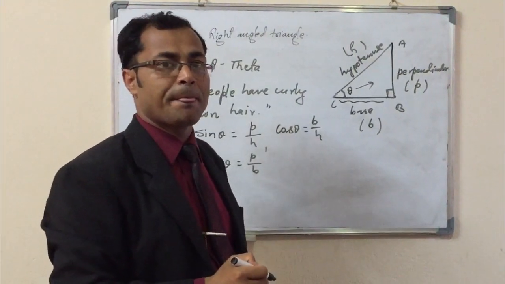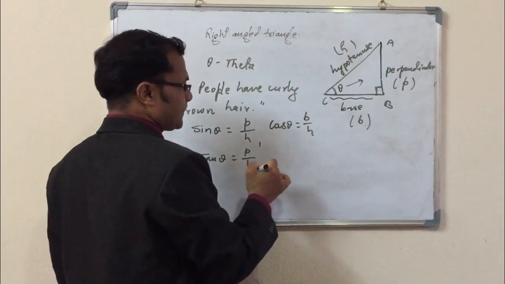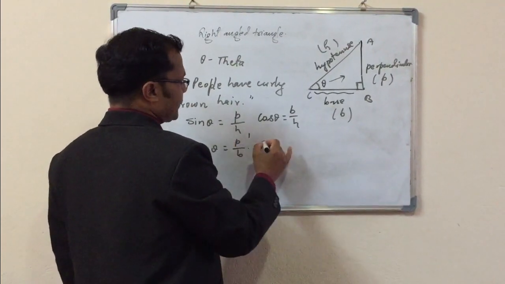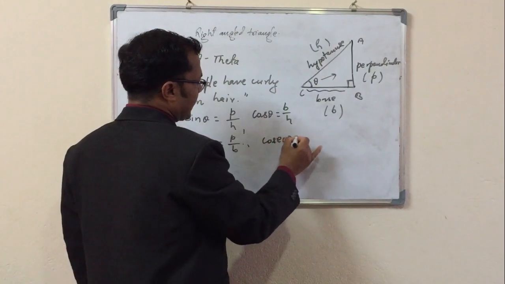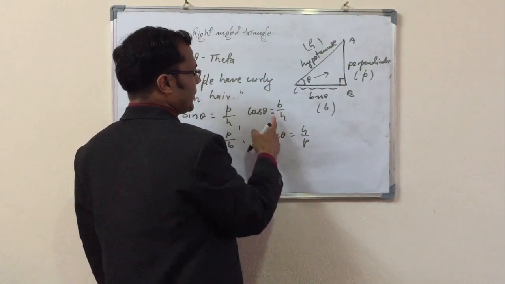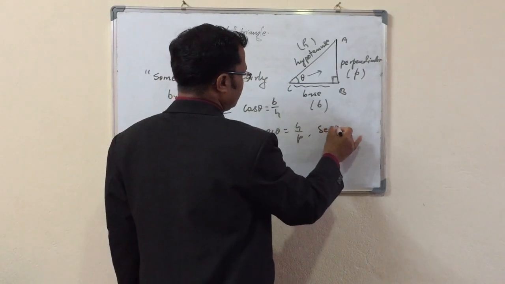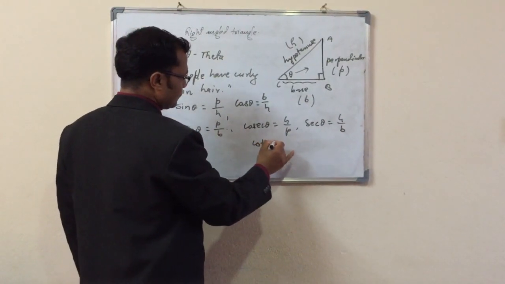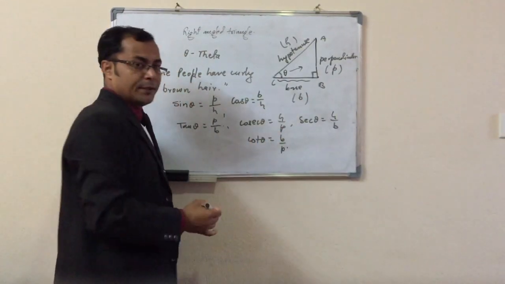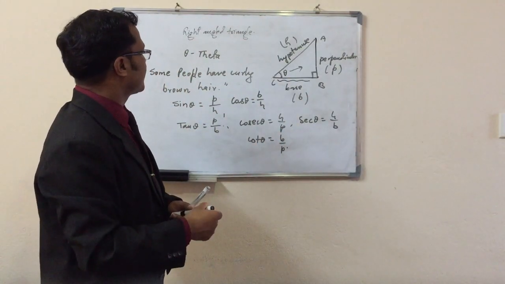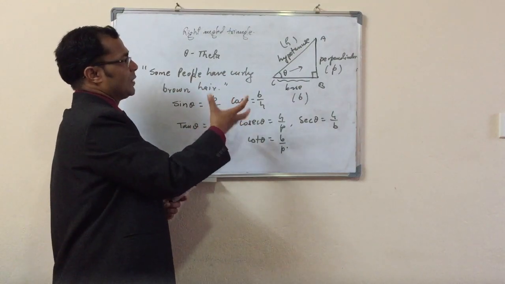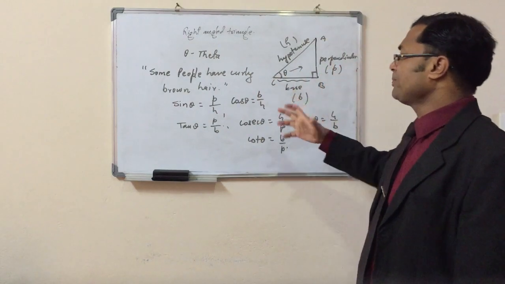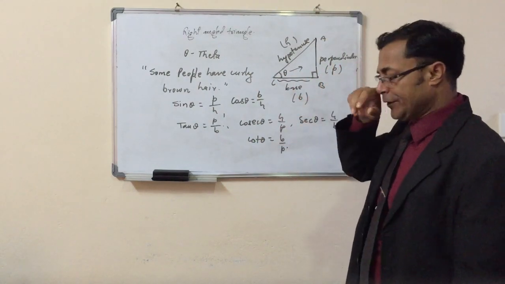And these have their opposites. The opposite of sine is cosec theta, that is H by P. Its opposite, H by B, is sec theta. And the opposite of tan is cot theta, B by P. So these are the basic concepts: what is sine, what is cos, what is tan.